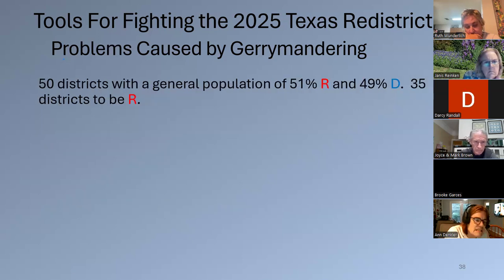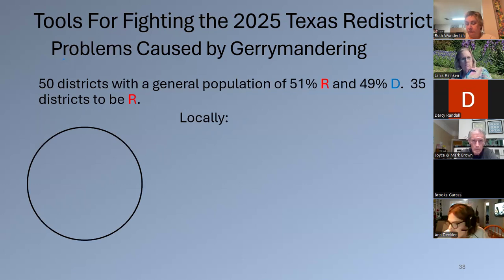So the cost of running elections is greatly increased because of gerrymandering. Another problem is the strife it causes, and part of that strife is how it disenfranchises people, and people don't quite realize it.